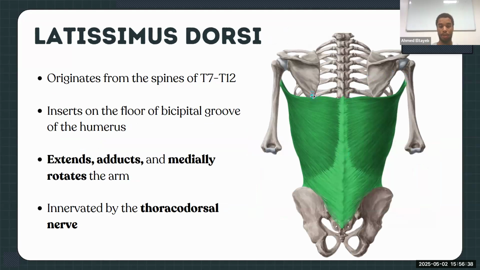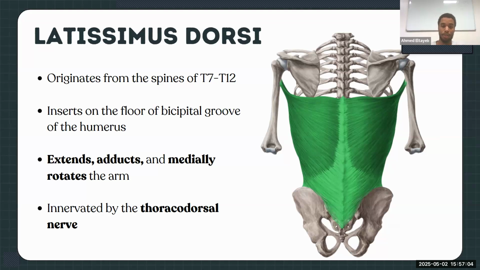Finally, the latissimus dorsi, your lats basically, it originates from the spines of T7 to T12, and they insert themselves on the bicipital groove of the humerus. So this part here. So you'd imagine when they contract, again, they have many different fibers. When they contract, they can extend the humerus, they can adduct the humerus, or they can medially rotate it.